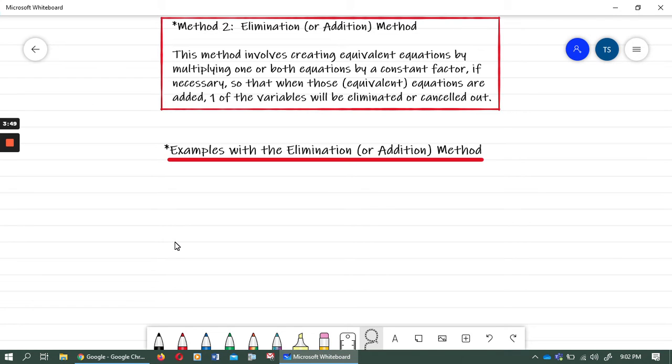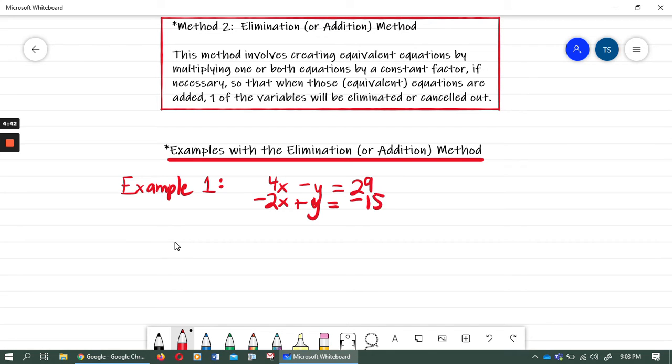Let's say that we had the example 4x minus y equals 29, and negative 2x plus y equals negative 15.